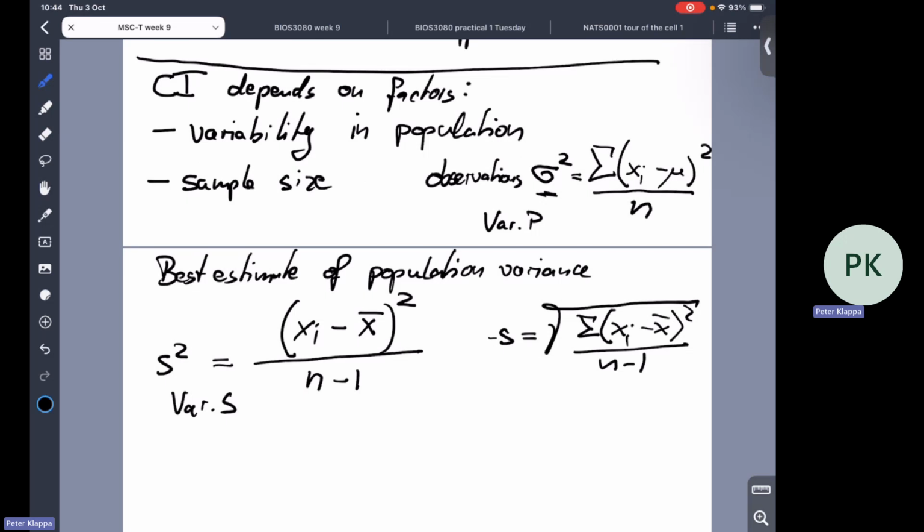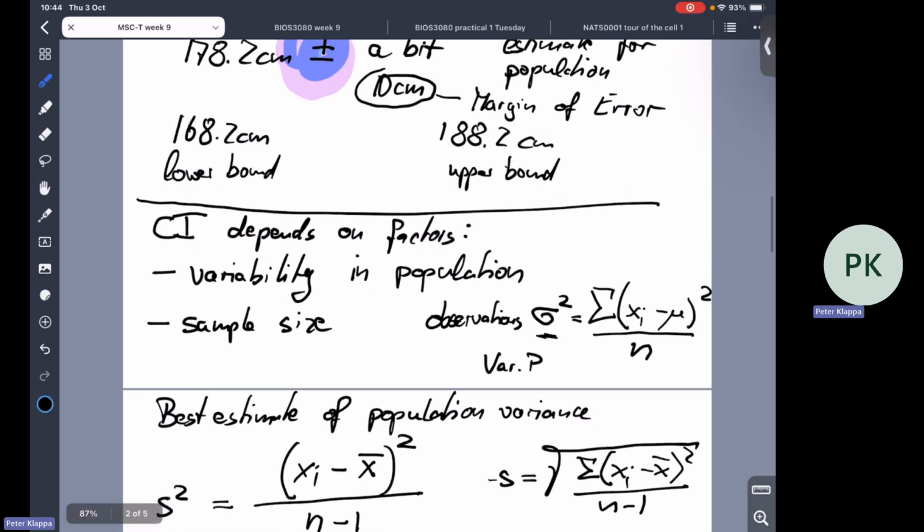Coming back to what people said about the sample size, if we have a large sample size, let's say 100, will the difference between these two things be huge? Well, in one case, I divide by 100. In the other case, I divide by 99. You don't see a huge difference, really.